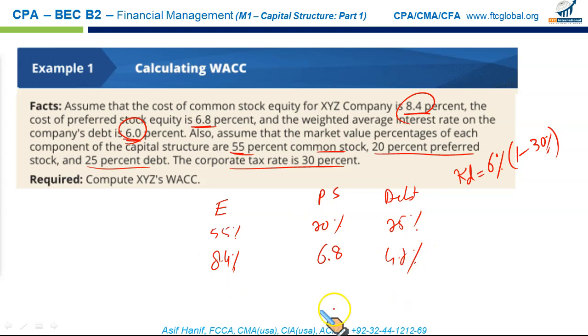Now if you take the weighted average of these, 55% of 8.4, 20% of 6.8, and 25% of 4.2, what you get is called the weighted average cost of capital, and it is equal to 7.3%.